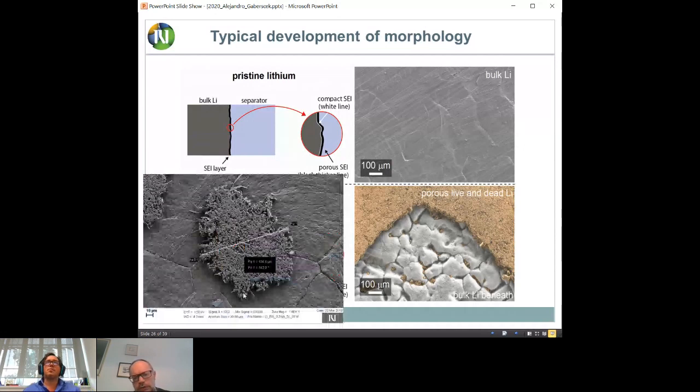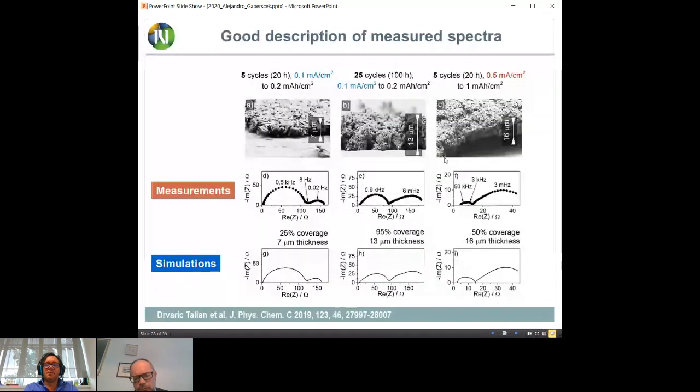Just as I said before, the good part here is that we have a lot of morphological data, so we could take this morphological data into account, put it into the model, and then we could model all these cases. It was about 50 or 60 such figures that we made.